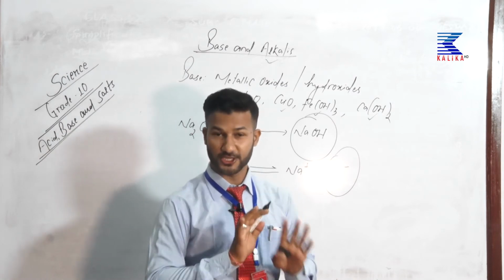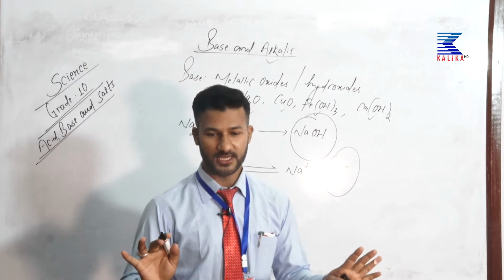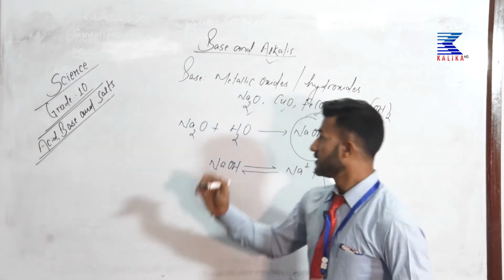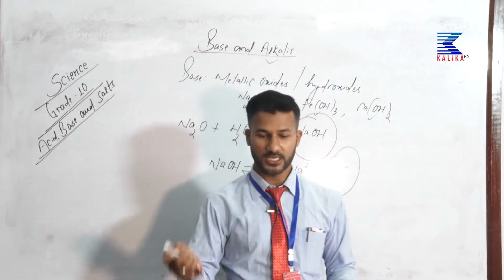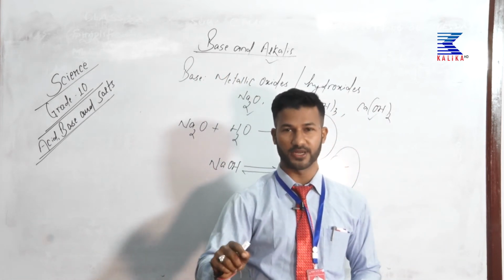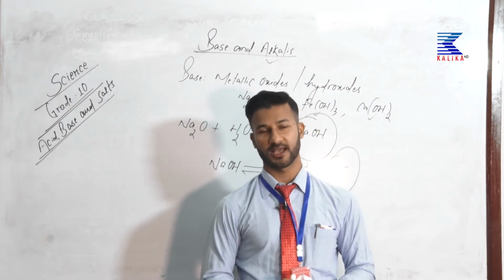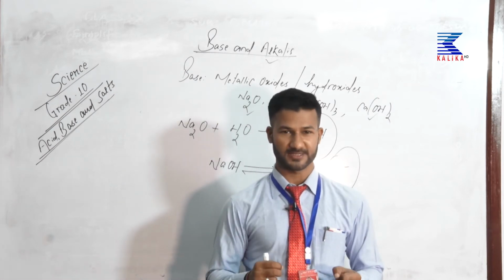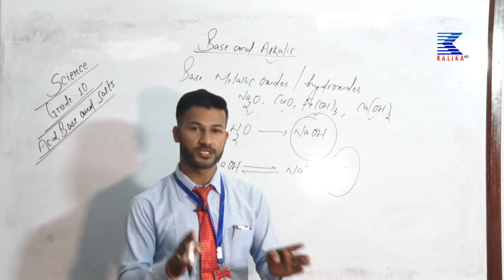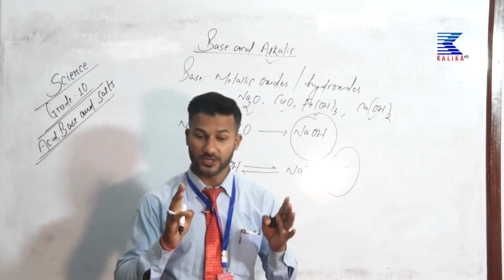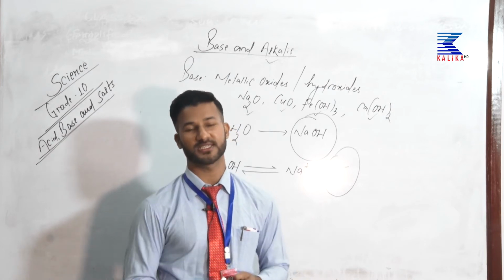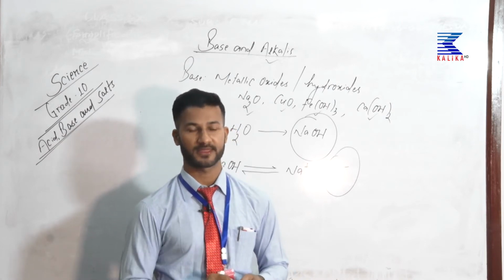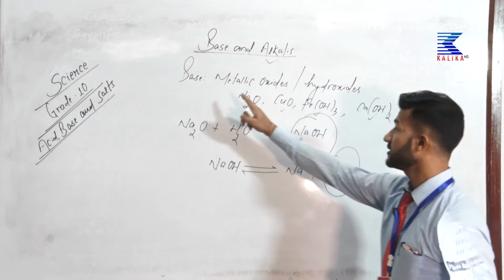Otherwise, it is not alkali. I think you got the points. Those bases which dissolve in water and produce hydroxide ion in aqueous solution are called alkalis. And those bases which do not dissolve in water, which do not produce hydroxide ion when dissolved in water, such bases are not alkali.